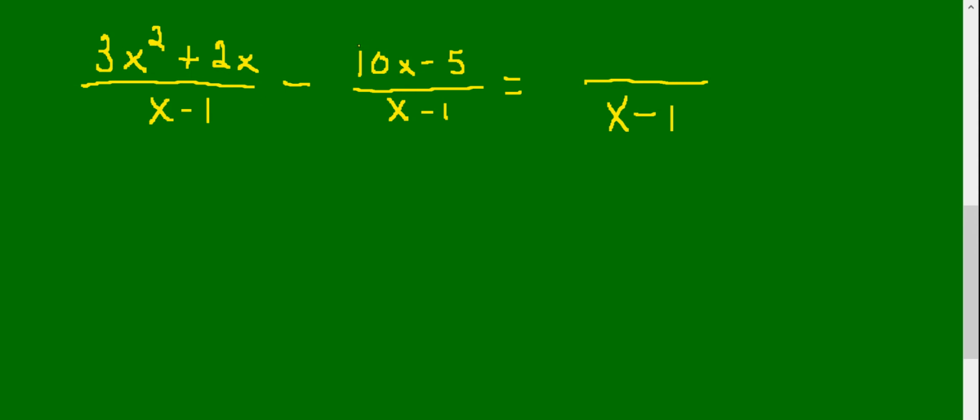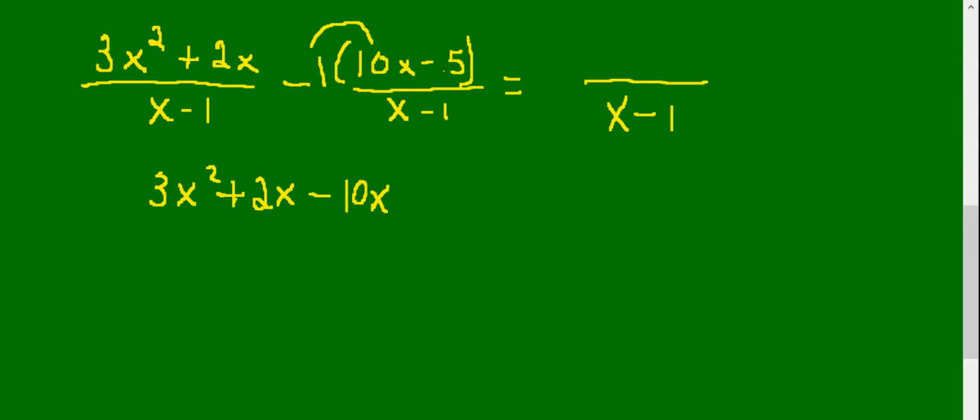So that means I'm going to distribute the negative 1 here. I'll leave it up here. And I know the 3x squared plus 2x is going to stay the same, so I'm just going to jot it down here. 3x squared plus 2x. And then I'm going to distribute this negative 1 going across. And that gives me negative 10x. I'll write it here.